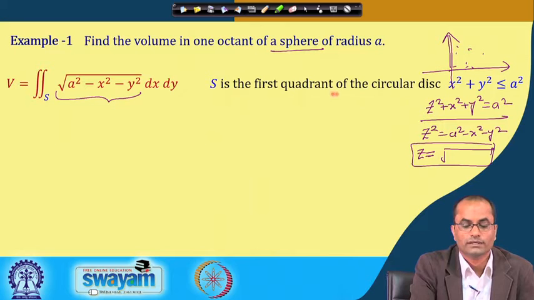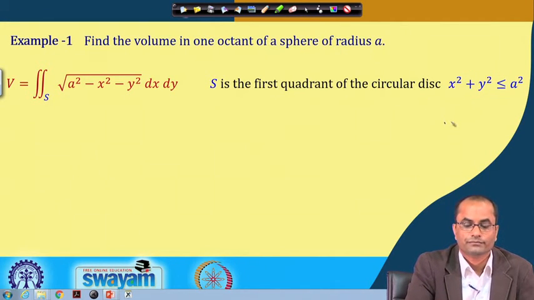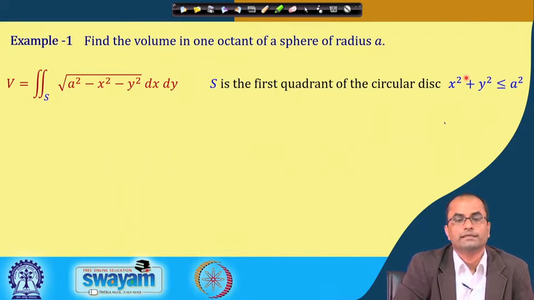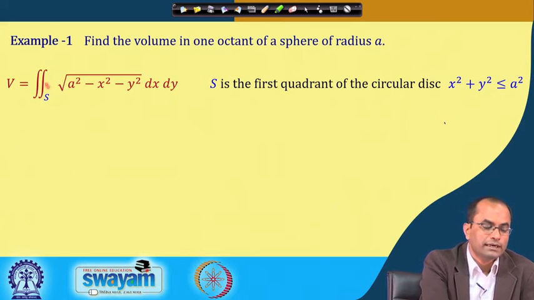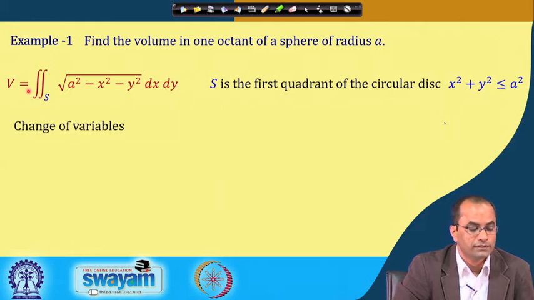This is in the first quadrant of the circular disc, x square plus y square less than or equal to a square. So, that is the circular disc in the first quadrant, which is the domain for the integral.